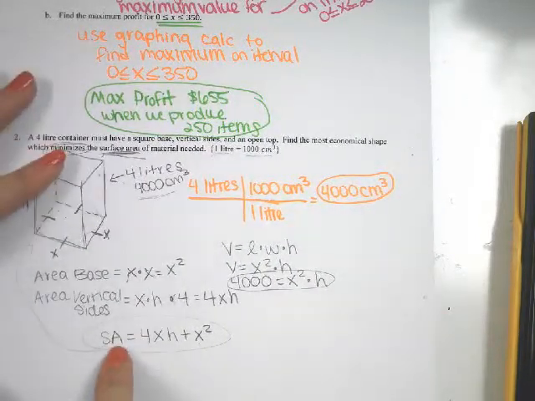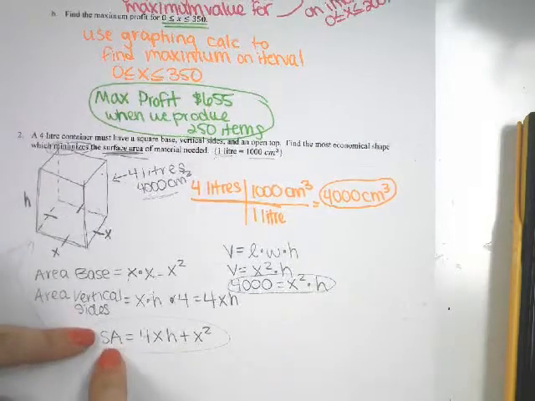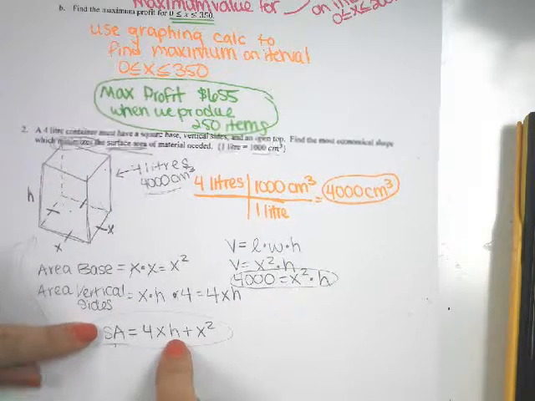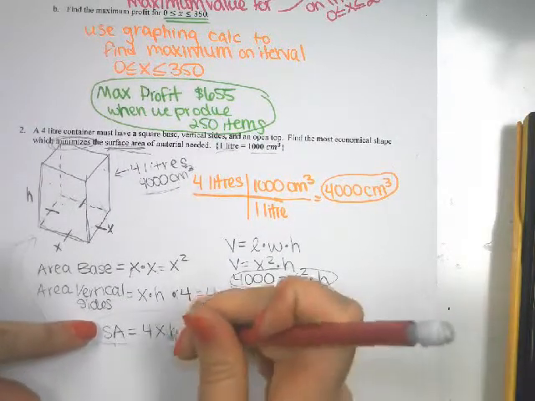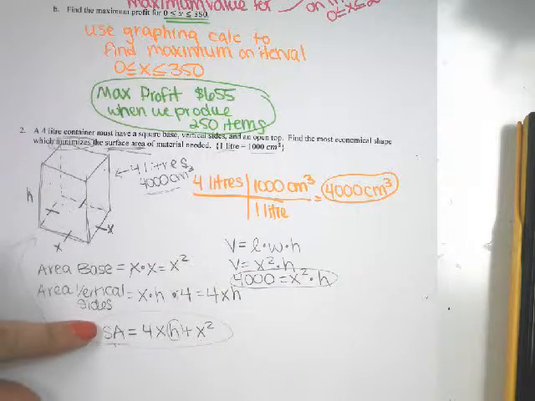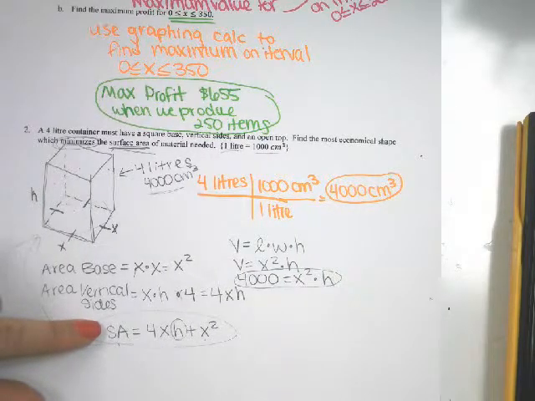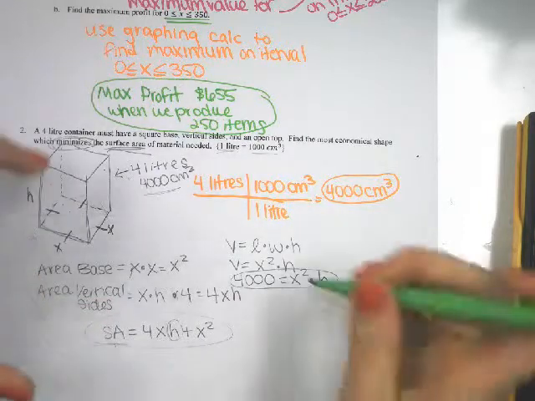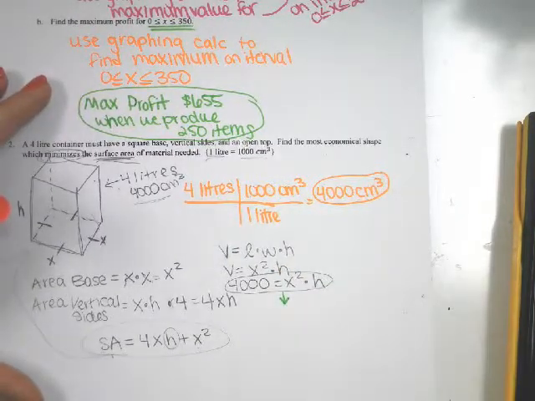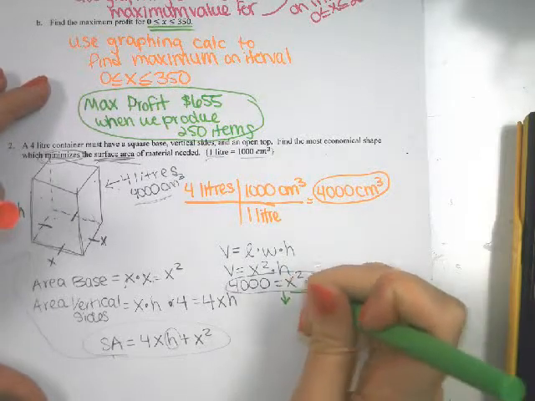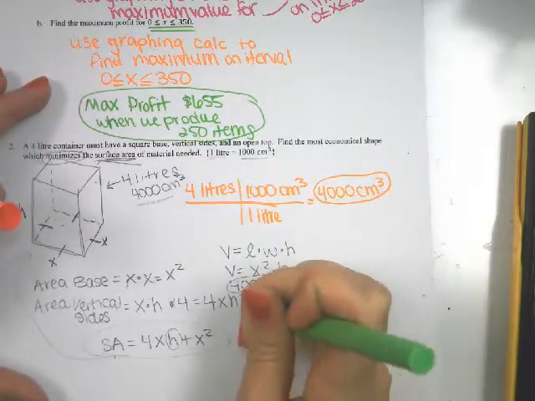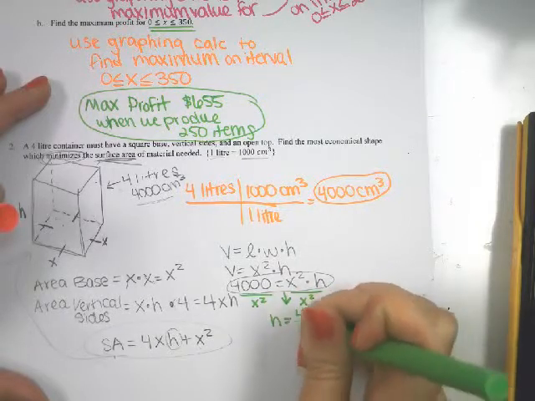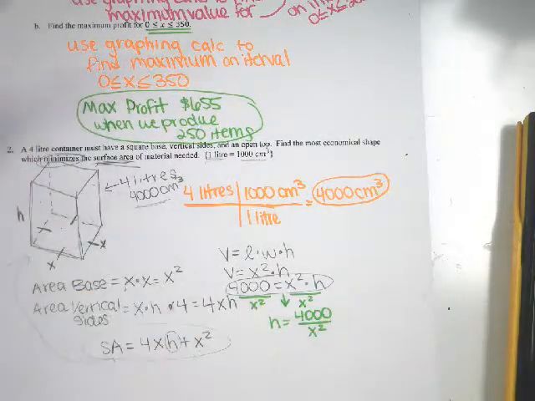In my surface area formula, which is what we want to minimize, I have x's in two spots, but only an h in one spot. So it's easier to replace h than x. I'm going to come over to the volume formula and solve for h. We divide by x squared on both sides, so h equals 4,000 divided by x squared.